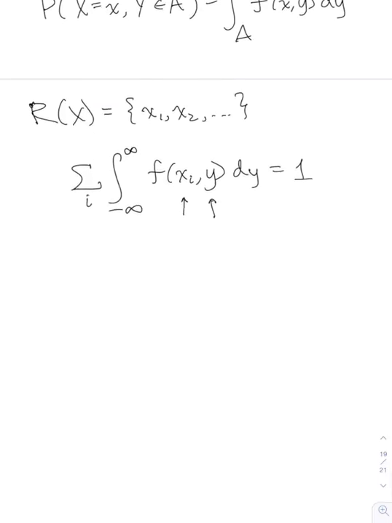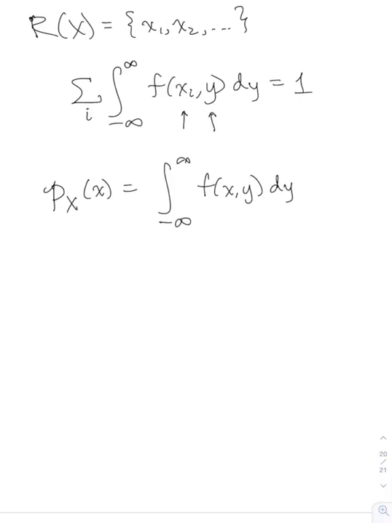Now you can get marginal objects out of this. So if you want the mass function of x, then you just integrate out the y. And if you want the density, so this is the mass function of x, and this is the density of y.